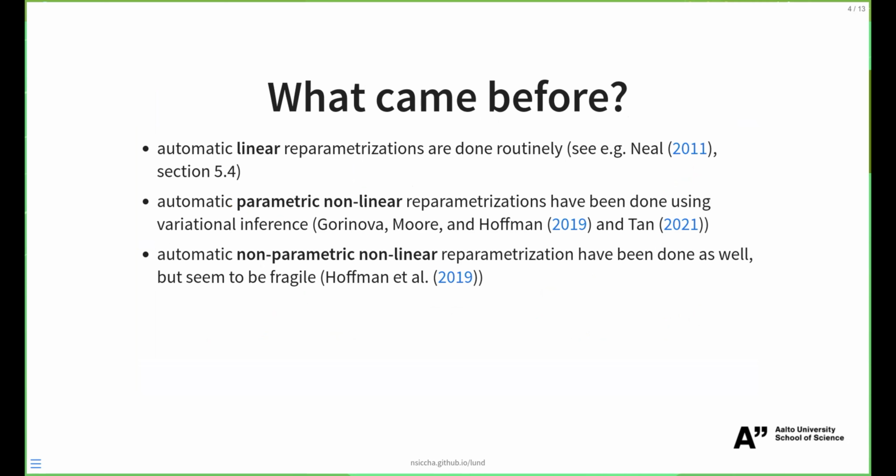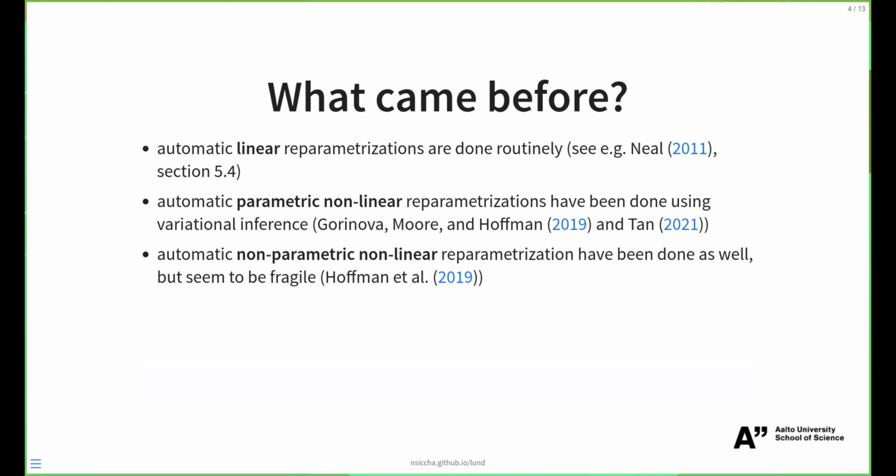Right, so there has already been similar work. First of all, I'm talking about general reparametrizations, and non-centering is in some sense a specific case where you do nonlinear reparametrizations automatically. But of course, whenever you fire up Stan or PyMC, or I'm guessing NumPyro as well, what you are doing are automatic linear reparametrizations, right?